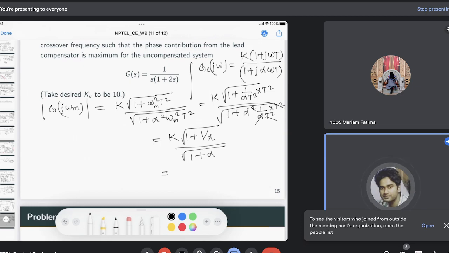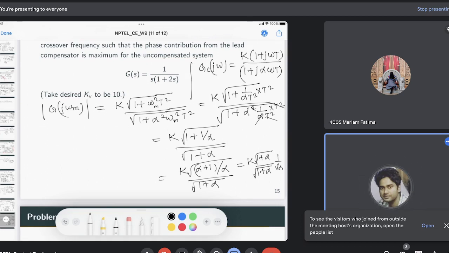Okay, I can take it: K times square root of (alpha plus 1) by alpha, by square root of 1 plus alpha. I'll write all the steps. So it is K times square root of (1 plus alpha) by square root of (1 plus alpha), and we have 1 by square root of alpha.